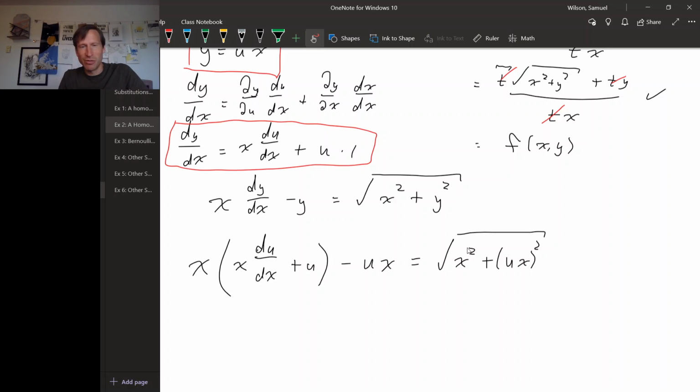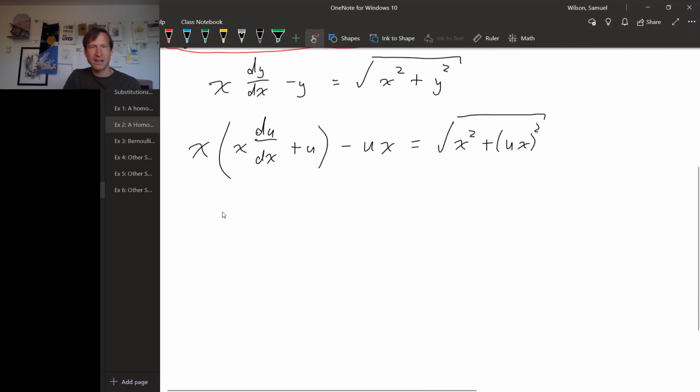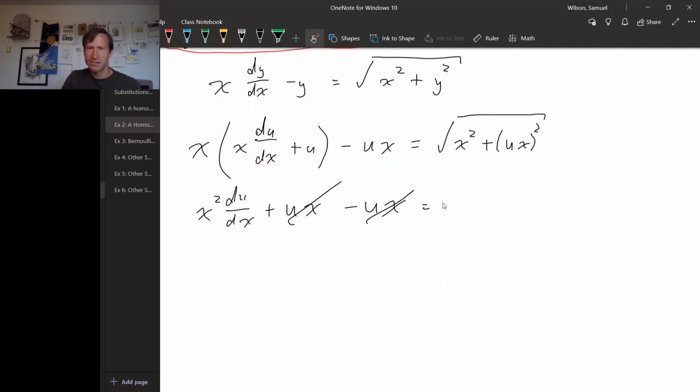Now we should simplify this whole thing. So let's see, on the left-hand side we get x squared du/dx plus, distributing the x, we get u times x minus u times x, so those undo each other, nice, equals the square root of x squared plus u squared x squared. Now, inside the square root, we can factor out this x squared, it looks like.